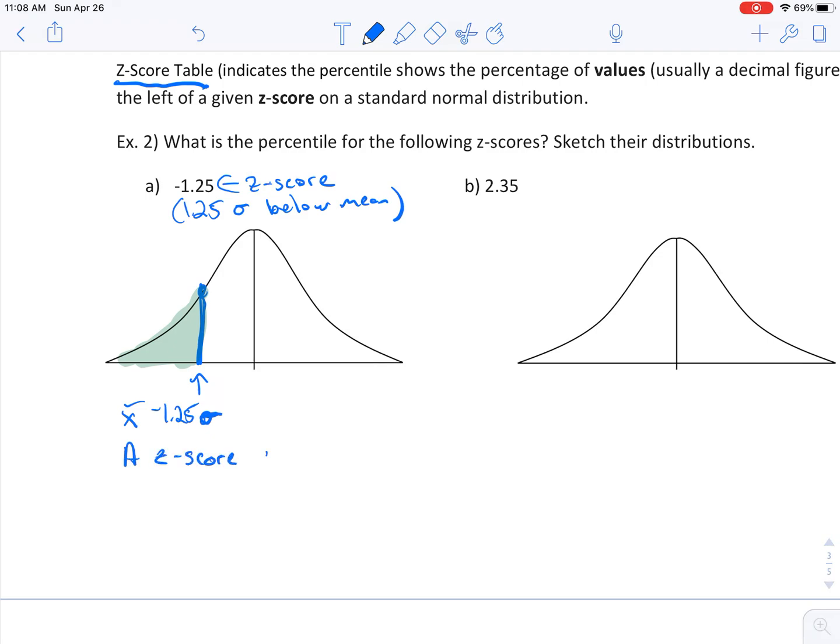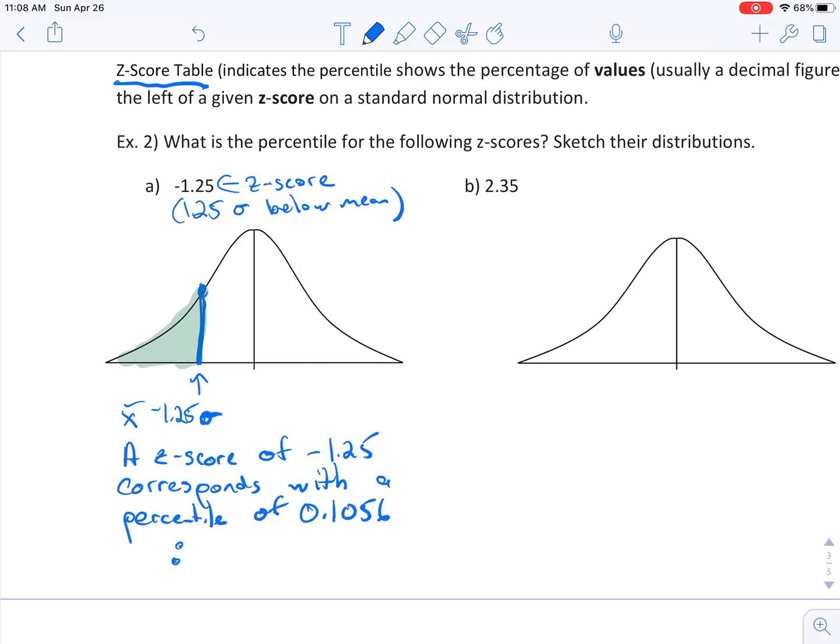So let's just write that down. A Z-score of minus 1.25 corresponds with a percentile of 0.1056.